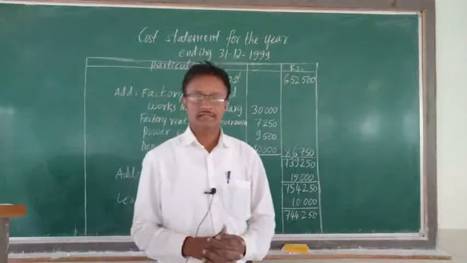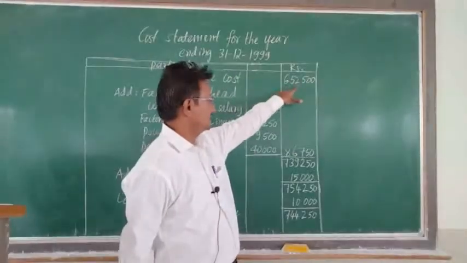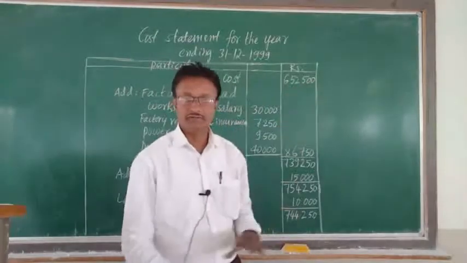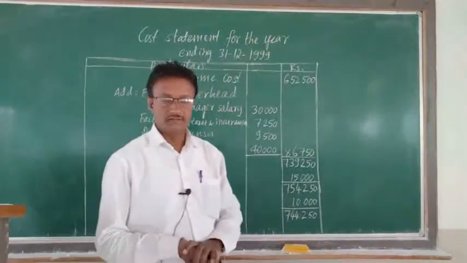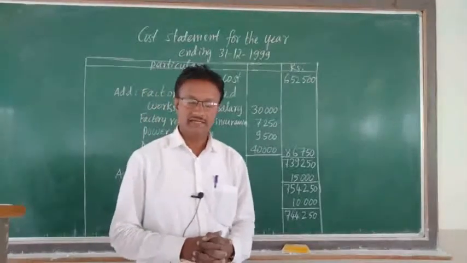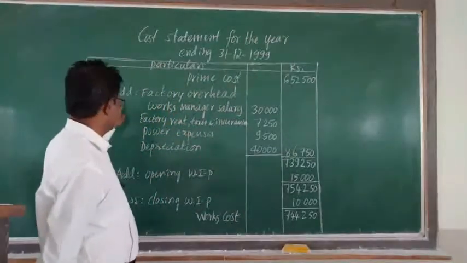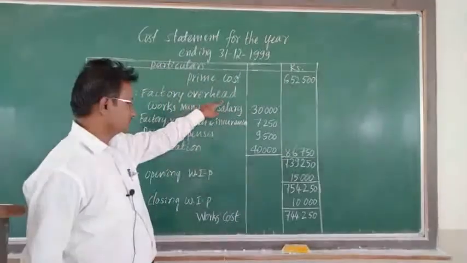We have calculated prime cost, that is 6,52,500. To this cost, next we have to add factory overhead. So write add factory overhead.